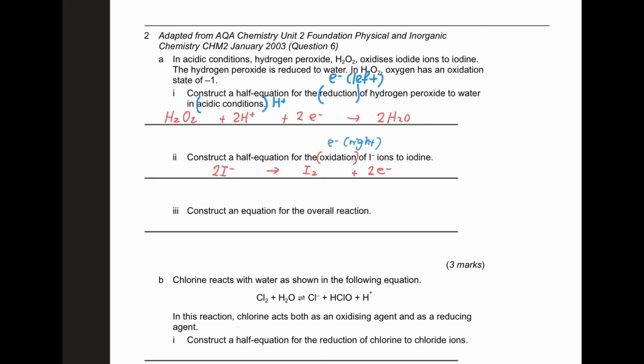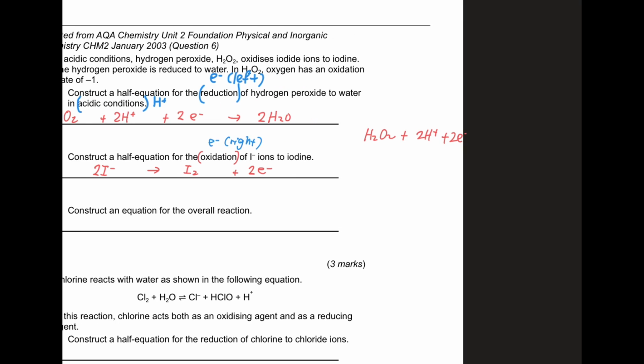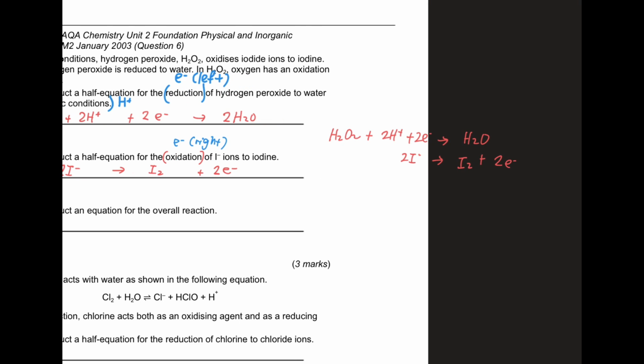So imagine you cut the electrons away, then whatever remains is something like this. Let's say I write it down like this: H2O2 plus 2H plus 2 electrons become H2O, then 2 iodide become I2 plus 2 electrons.